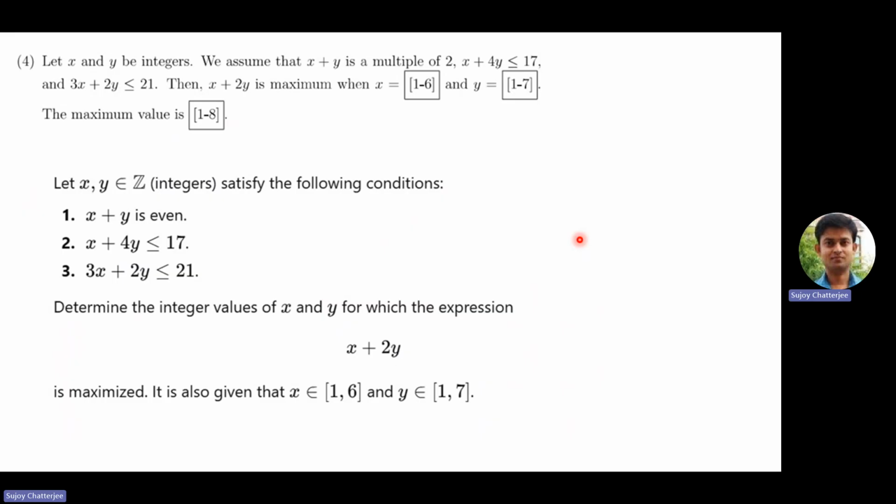So this should be our aim, because it is mentioned in the question that x plus 2y is maximum when x value is this and y value is this. It is also given that x belongs to 1 comma 6 and y belongs to 1 comma 7.